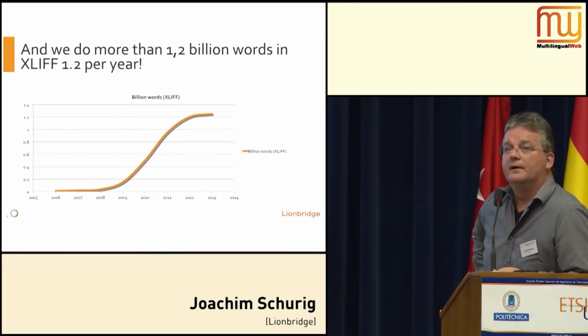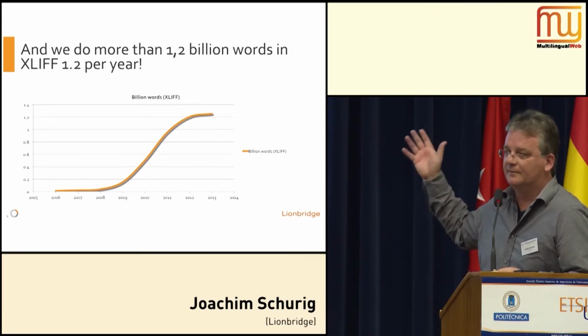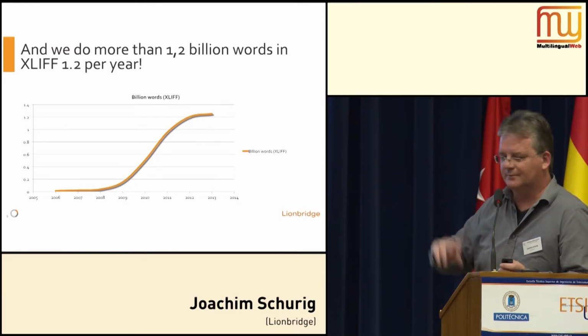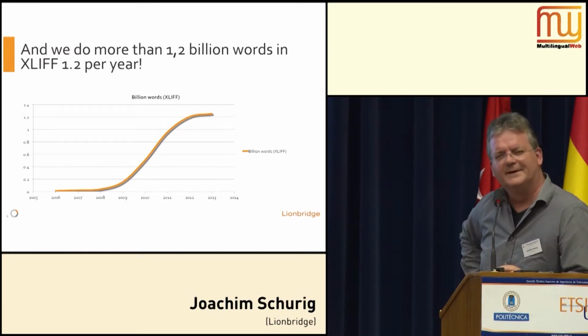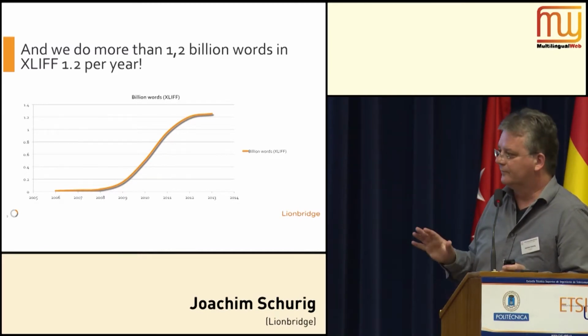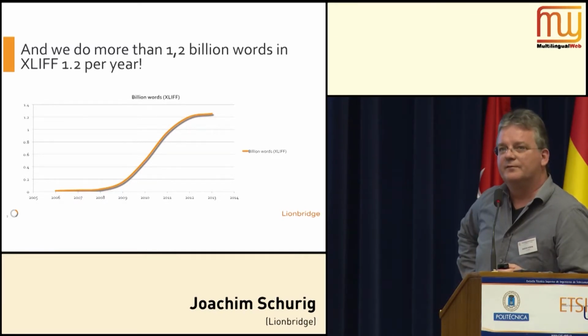So this is significant. I think the largest translation service provider globally, I don't know exact numbers, but I think so, has switched its production 95%, 96% to XLIFF, and we're flying. It's working, and we feel the benefits.